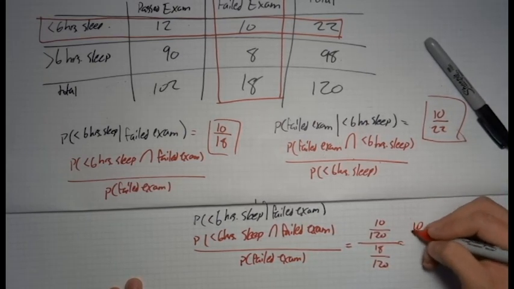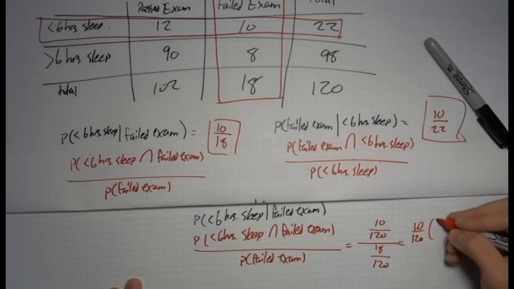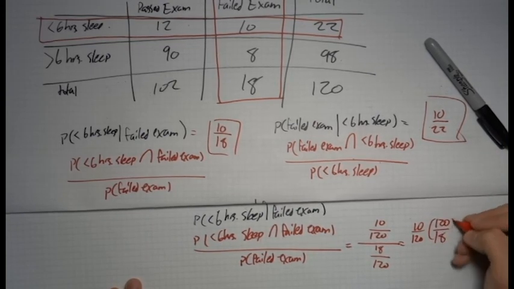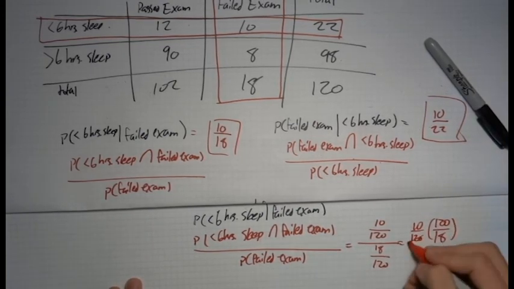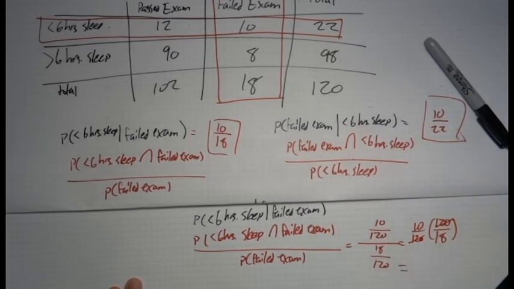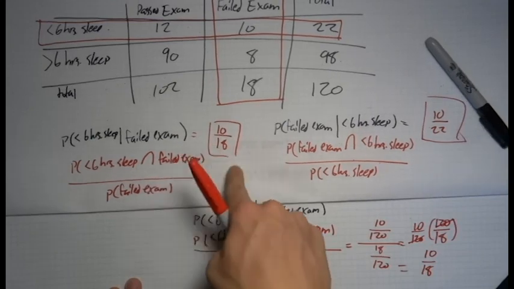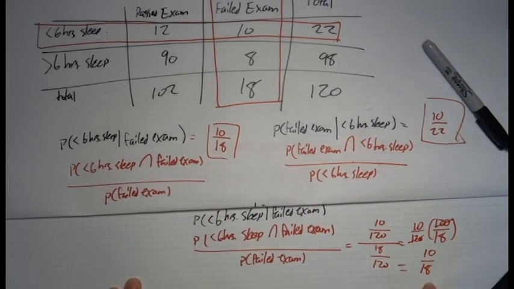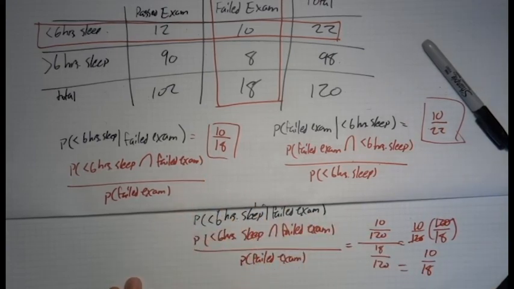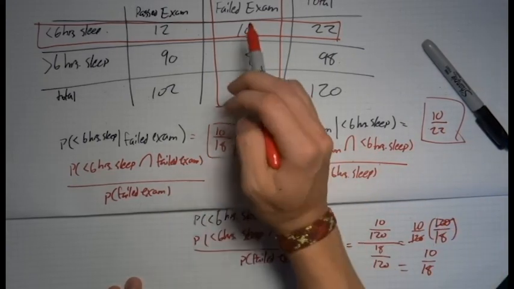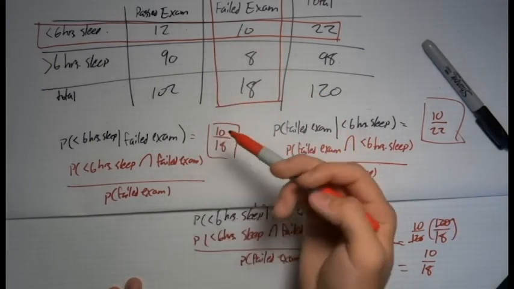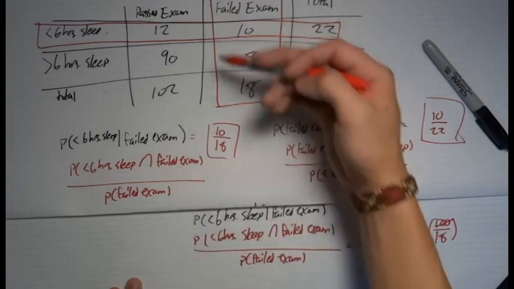So it's 10 out of 120 times 120 over 18. These 120s cancel out, and we get our final answer of 10 divided by 18, which is the same as this number here. So you can see that when we actually use the probabilities, we get the same answer. So we just take the shortcut and take these 10 people and divide by the total number of people that failed this exam.